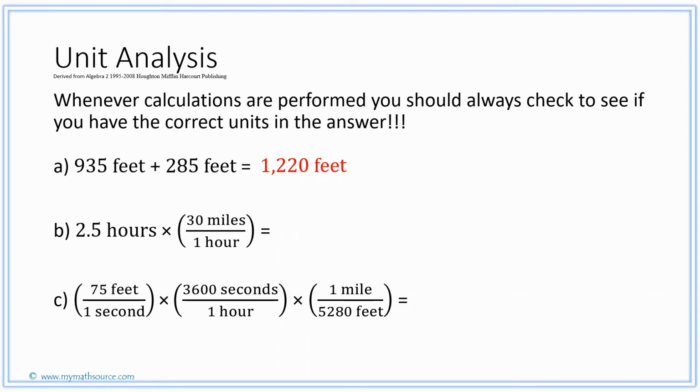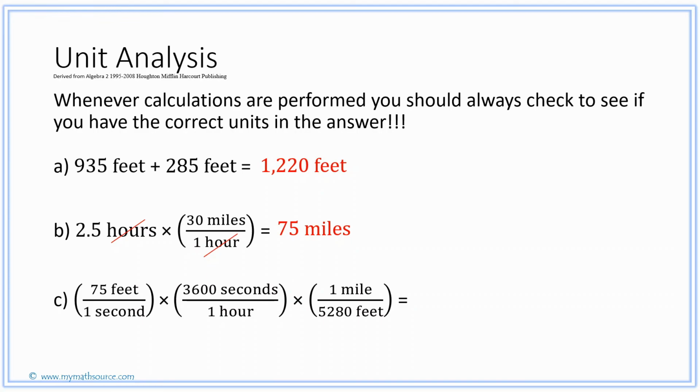That means the hours are over the other hour and can cancel out. And because they cancel, that shows what unit I will end up with in my final answer. So we have 2.5 times 30, which is simply 75. And we keep the unit that's left over, which is miles. So my final answer there is 75 miles. Now we're going to work on this with some word problems pretty soon to see how we can know when to cancel.